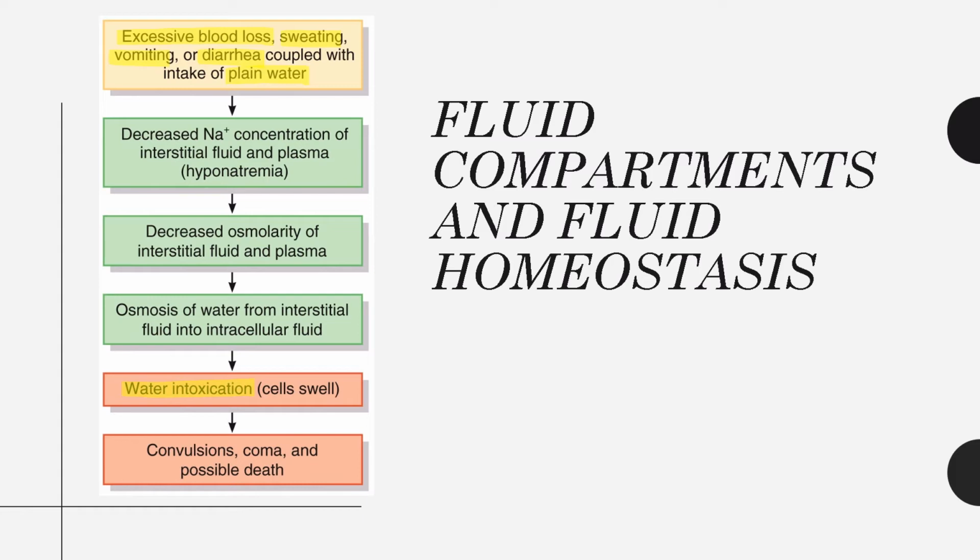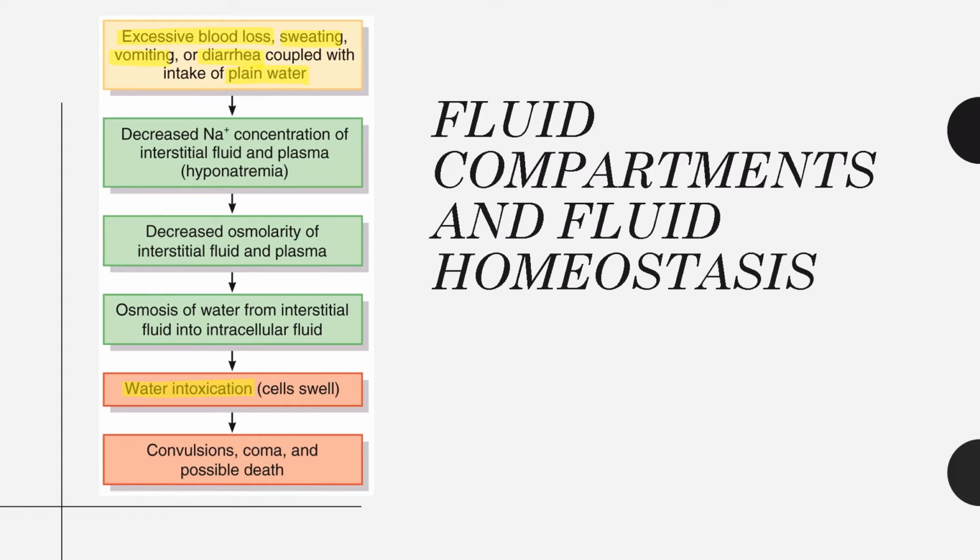Essentially you're losing a lot of fluid that has ions and electrolytes in it by sweating or vomiting or diarrhea or blood loss, and you're replacing it with very dilute water that doesn't have any ions in it. And so your body is going to try to compensate for that.